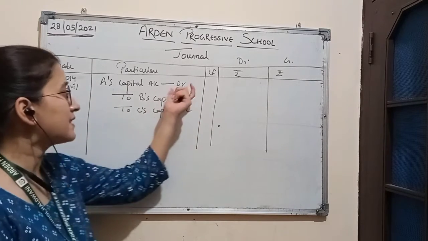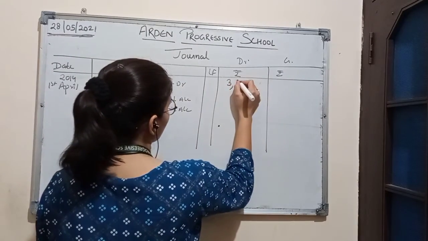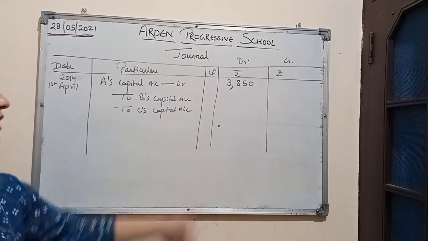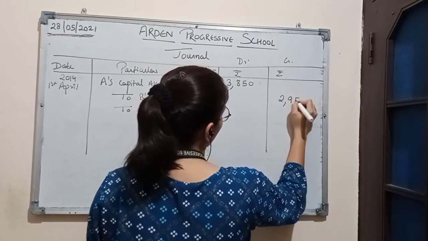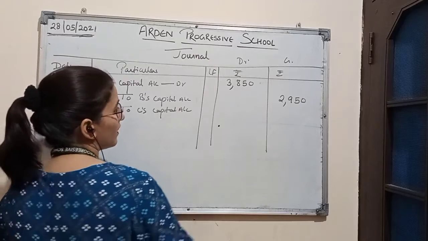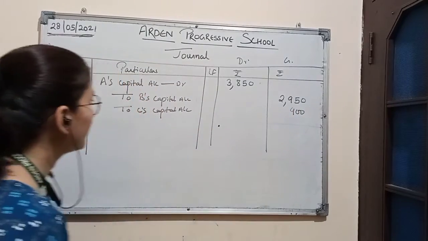We know A's capital account was debited with the amount 3,850. B's capital account was credited with the amount 2,950, and C's capital account was credited with the amount rupees 900.